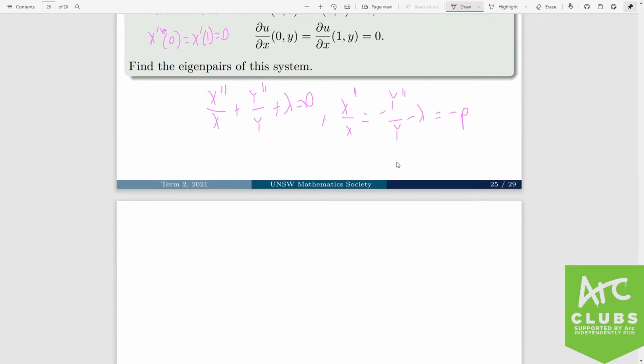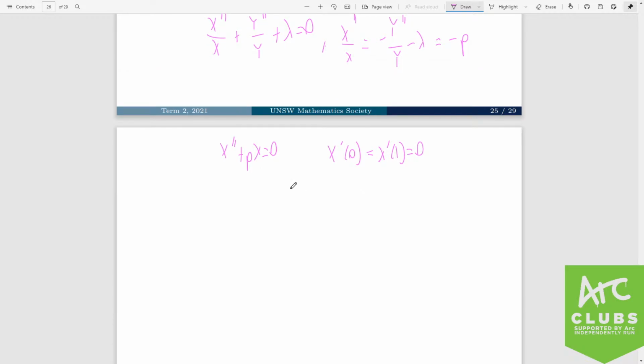So you move the p over, you get X'' plus pX equals 0. Except here our boundary conditions are slightly different. We have X'(0) and X'(1) equals 0. But apart from that, it's the same problem.